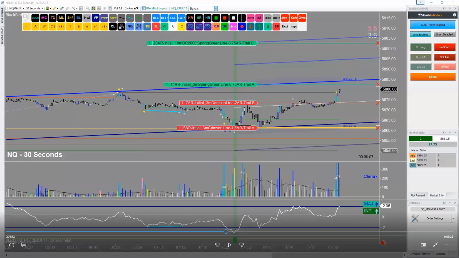Still give it enough room to work itself out and keep going if it's going to, but then not give all of that money back that I've just made, which I've been notorious at giving money back on some of these really great trades.